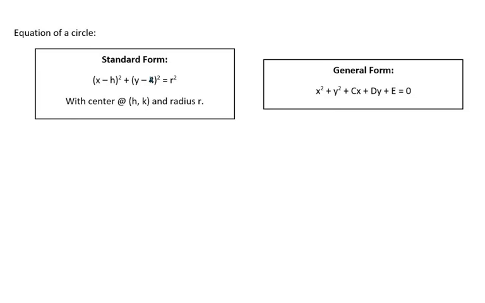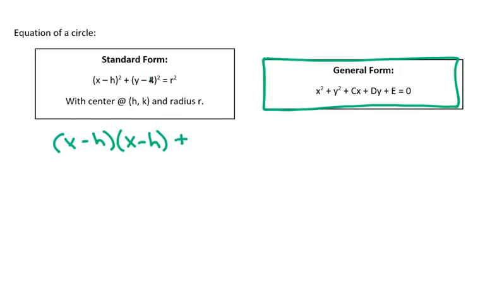But sometimes we are given the equation of a circle in what's called the general form. And the general form of the equation of the circle is essentially achieved when you take the standard form and rewrite it as x minus h times x minus h plus y minus k times y minus k is equal to r squared.